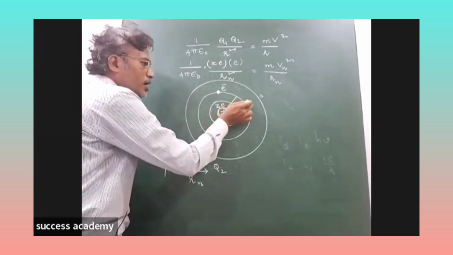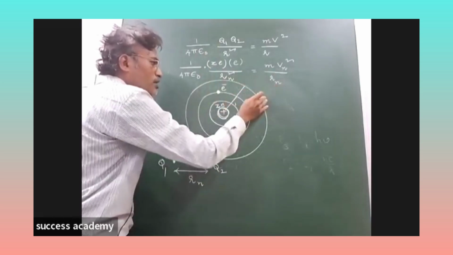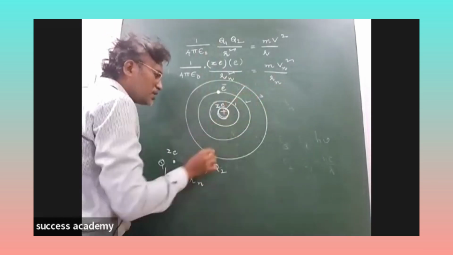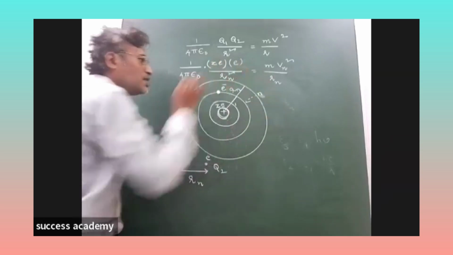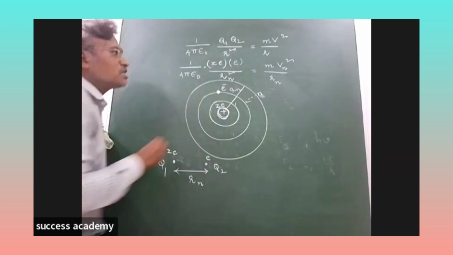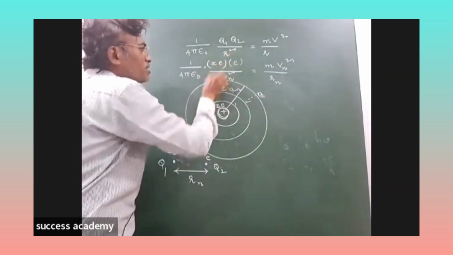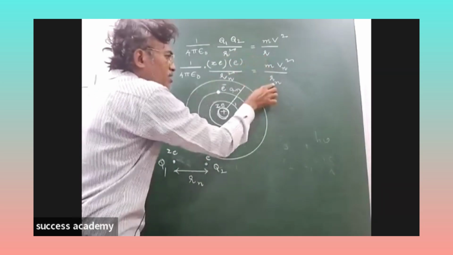For example, I am taking the nth orbit, 1, 2, 3, and so on. So that is nothing but Rn, radius of nth orbit. In the place of r, I consider Rn.